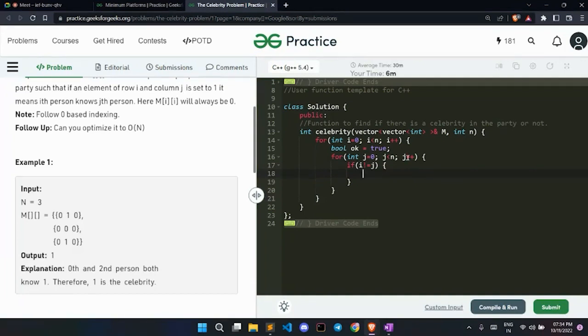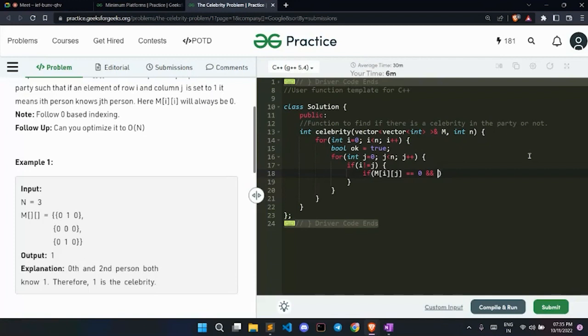So we will check that the row should be 0. So if m of I of j, this should be 0. Means this person should not know the jth person. And the jth person should know the ith person.